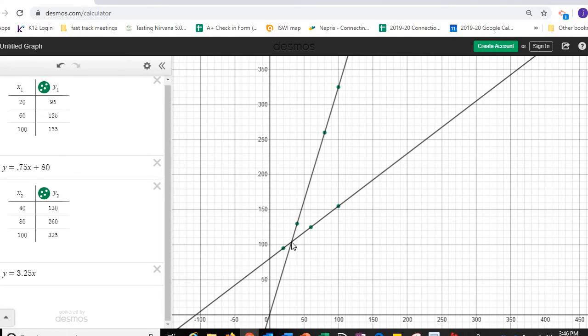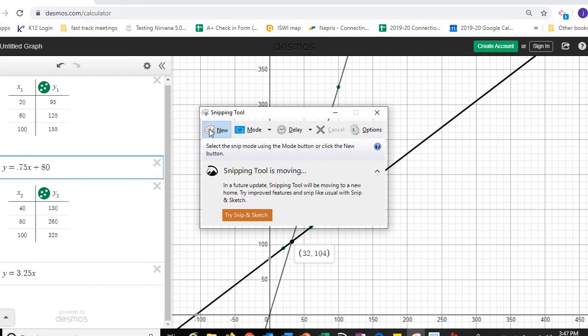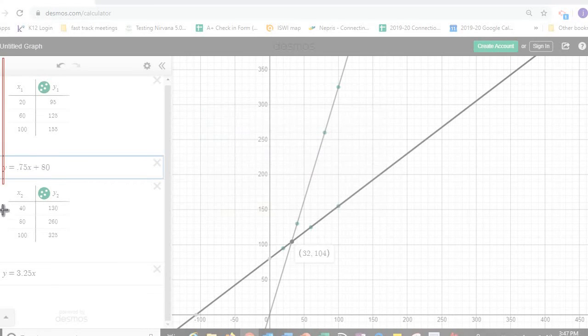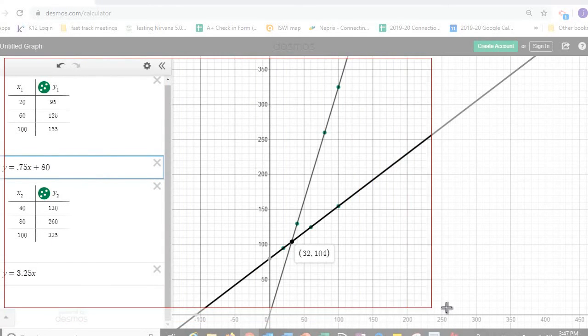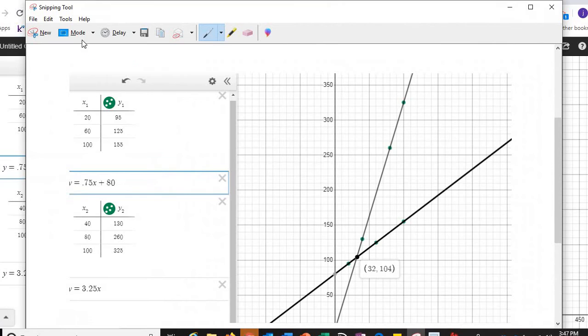And so what I'm going to do is click on that point of intersection. There it is. This is now the screenshot that I'm going to take to put into my assignment right there. Okay, so I'm going to do that. Take that screenshot. Bang, I'm going to save that. Remember to copy.